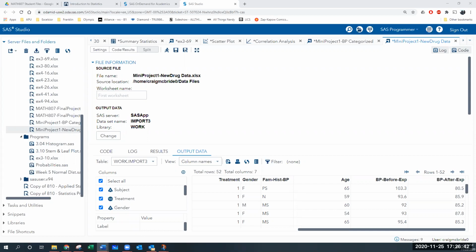So for instance, when it says part A, generate frequency tables for 3 categorical variables, there's really not much you can do. Generate those 3, and then just give me 1 sentence describing what you see. Are there any patterns? Is there anything interesting about any of them?